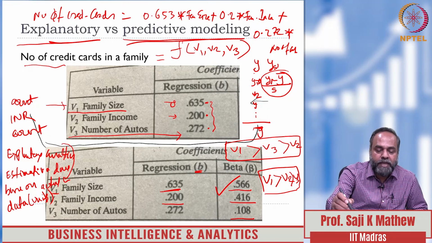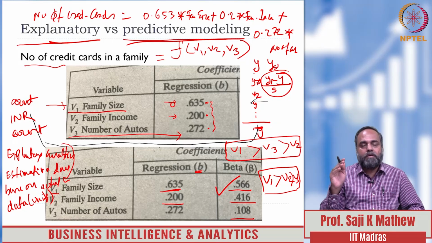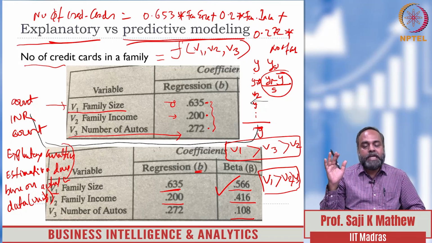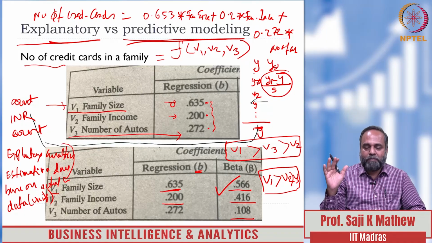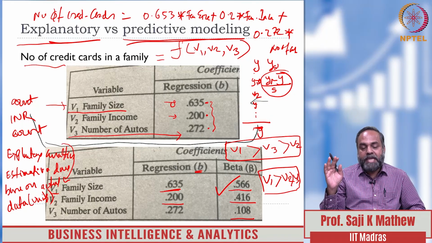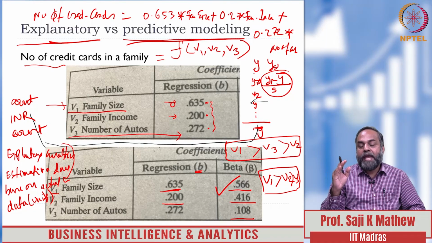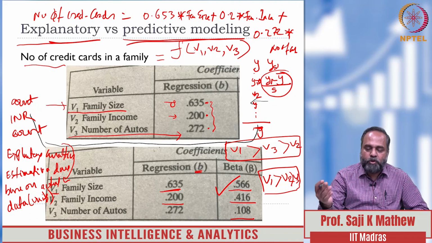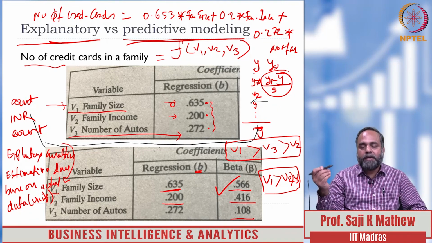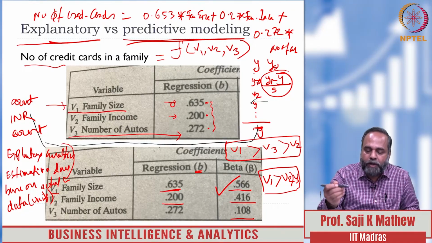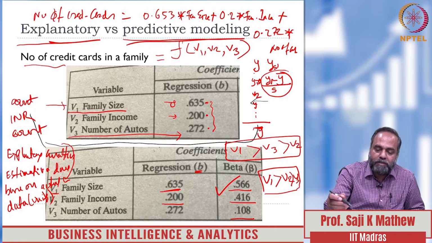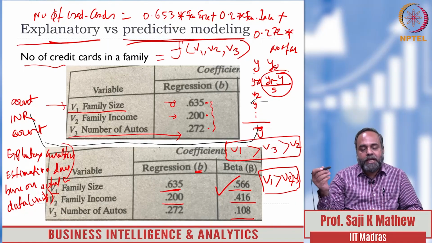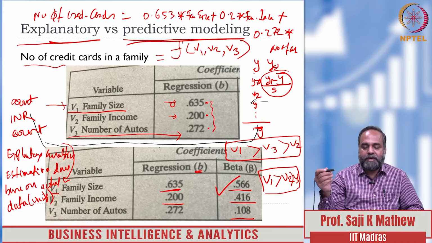But in the case of prediction, our objective is not to look at the relative importance of variables. Our only objective is to predict y for a different set of x data, which I am going to explain in the next slides. But keep in mind, in such a context, it is not important to standardize variables as we did in the case of explanatory projects.